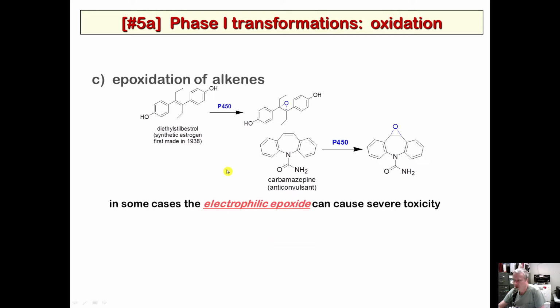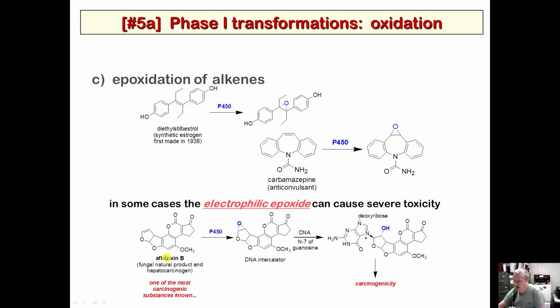Another case of a super toxic one is this molecule called aflatoxin B. It's a fungal natural product, hepatocarcinogen. One of the most carcinogenic substances known. So very nasty stuff. It's because it's very readily oxidized and attacks DNA, or DNA attacks it.